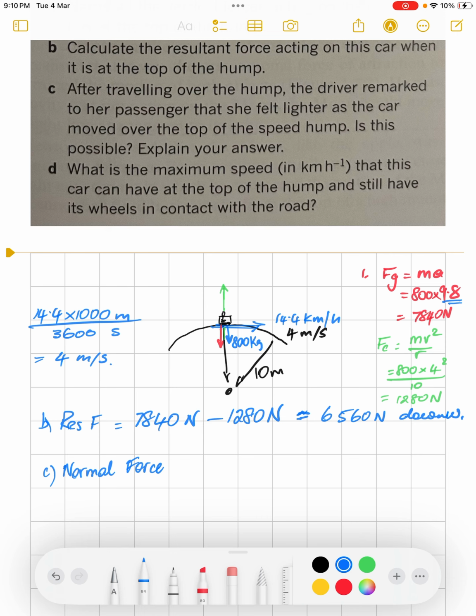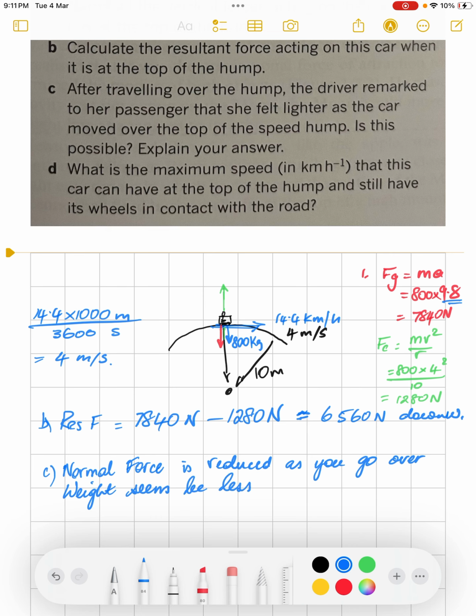It gives you just enough force to stay on that seat. But the normal force is reduced because as you go over the speed hump, you don't need as much. That centrifugal force lifts you out of the seat, and the seat doesn't need to provide as much force. So the normal force is reduced as you go over the hump, and so your weight on the seat seems to be less.